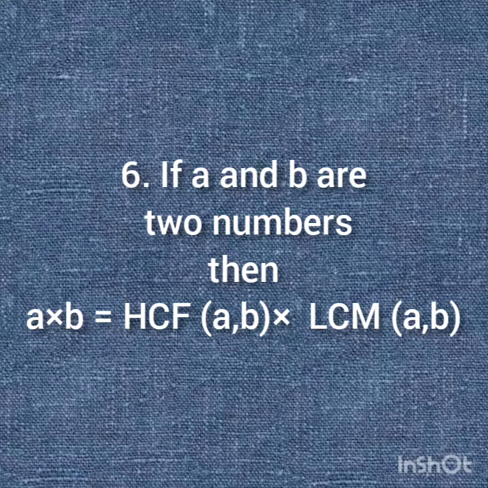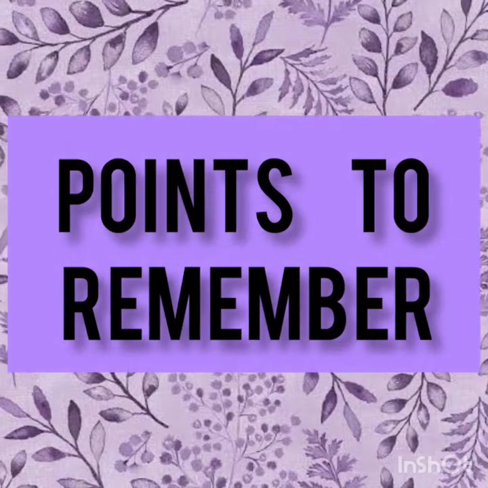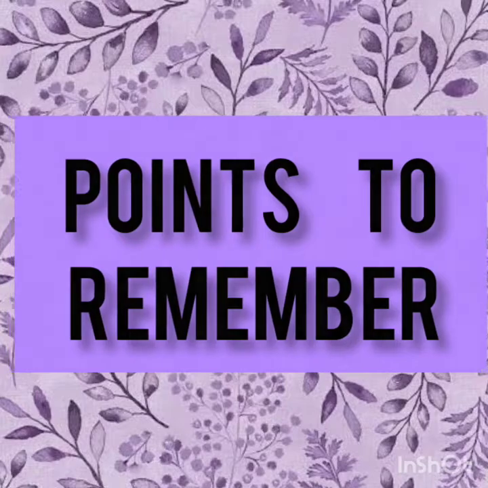Whenever, out of these four things, the two numbers, their HCF and their LCM, any one is missing, then we can put the other three's values in this and easily find it.